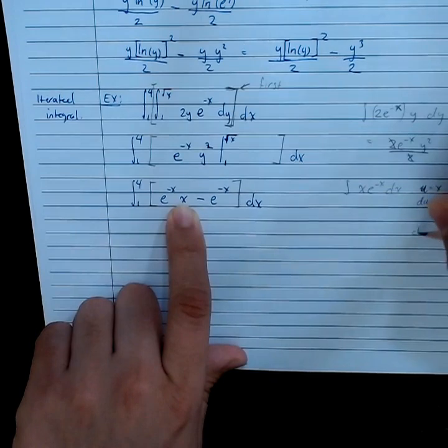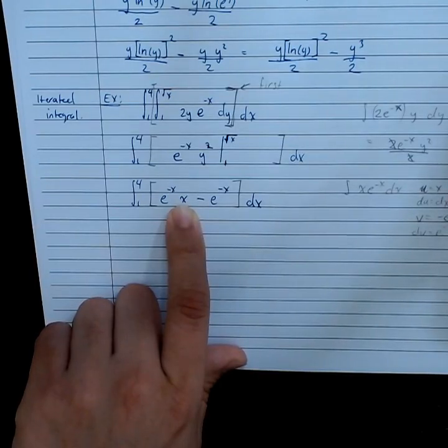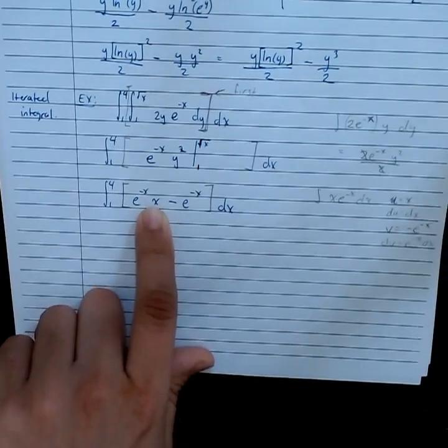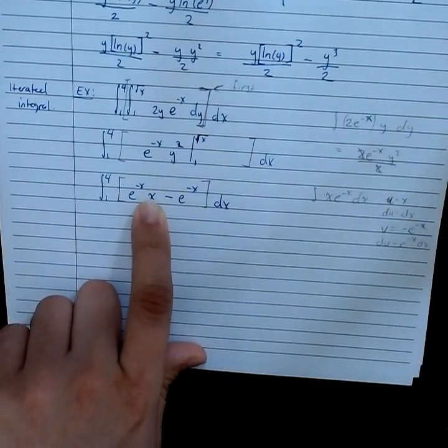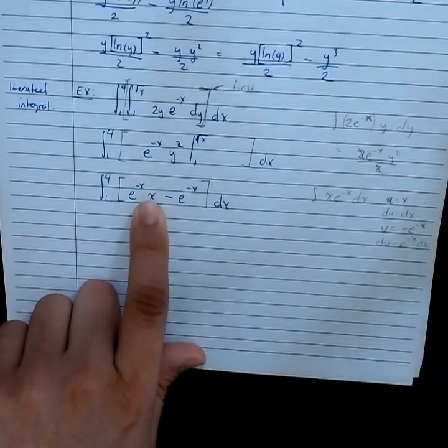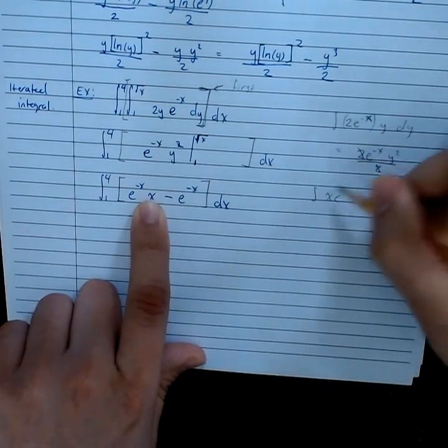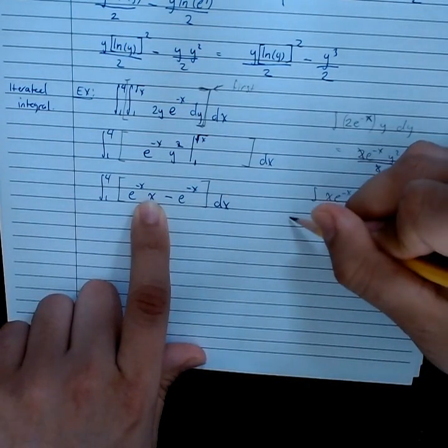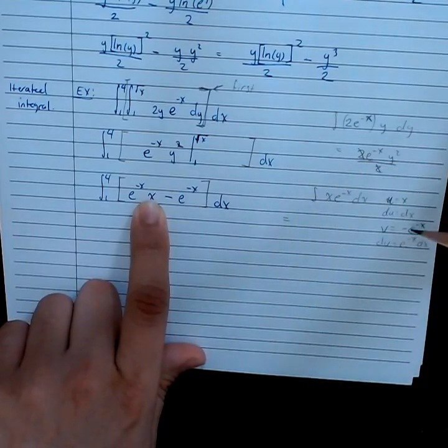Well then, if I take dv to be the remainder of this, e to the minus x dx, the antiderivative, the v, is just going to be minus e to the minus x, plus a constant, but we're not going to worry about that for this, because here we're looking for a definite integral. The constant won't matter.